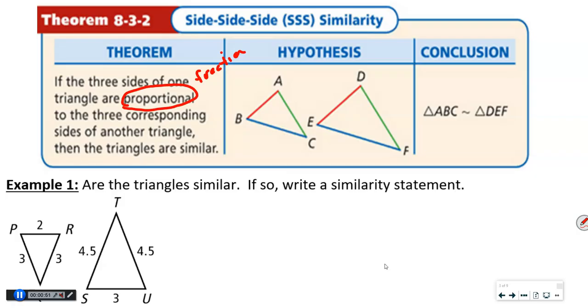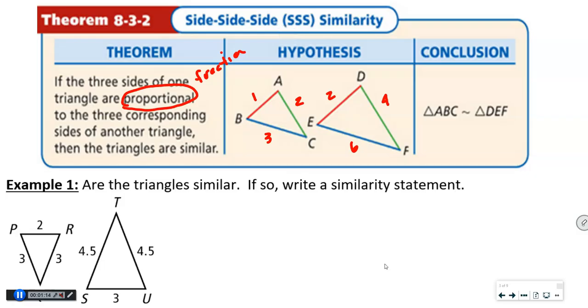So what do I mean by this? If AB was 1, and BC was 3, and AC was 2, and if this was 2, then this would be 4, and this would be 6. So what does that mean?